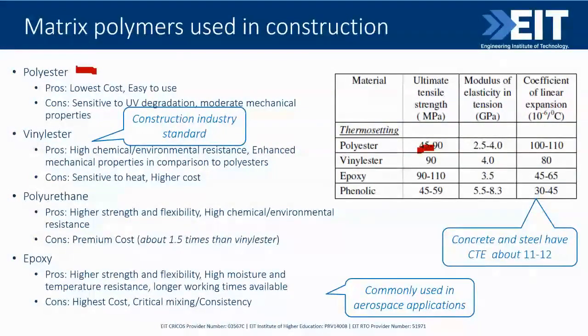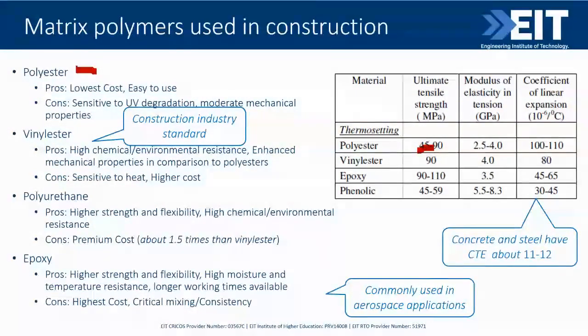The vinyl ester, due to its relatively low cost, is the preferred material in the construction industry, which is slowly changing nowadays. The disadvantages are that it is sensitive to heat and still higher cost, but relatively cheaper in comparison to the other ones.